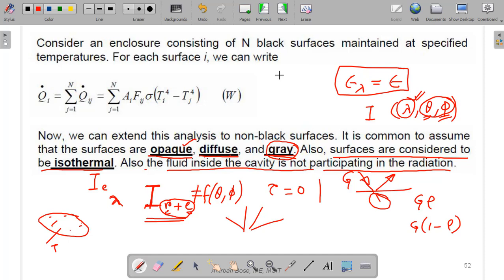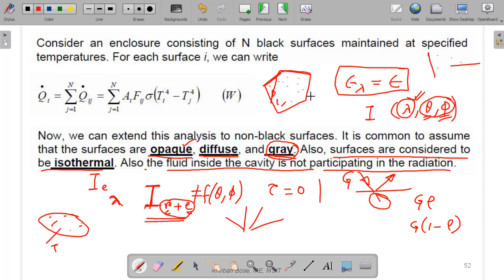So if you form an enclosure with this kind of non-black surfaces, when radiation is coming from one surface to another, we are assuming that the medium present between the surfaces, whether two surfaces or many surfaces, is not participating in the radiation. These are the assumptions that we are considering, and based on that we are trying to derive this expression.